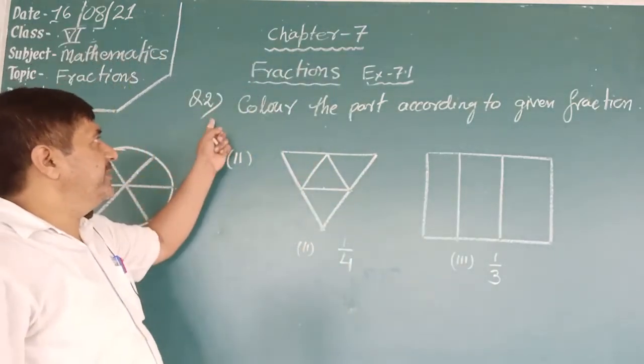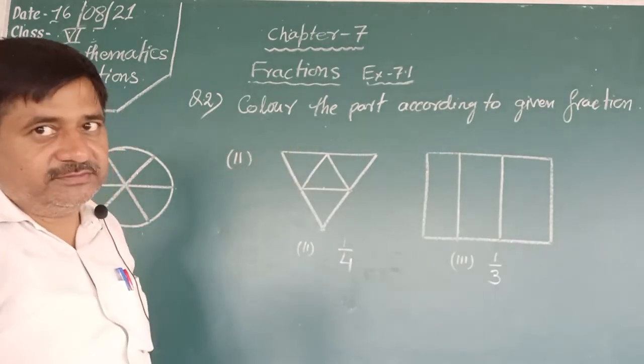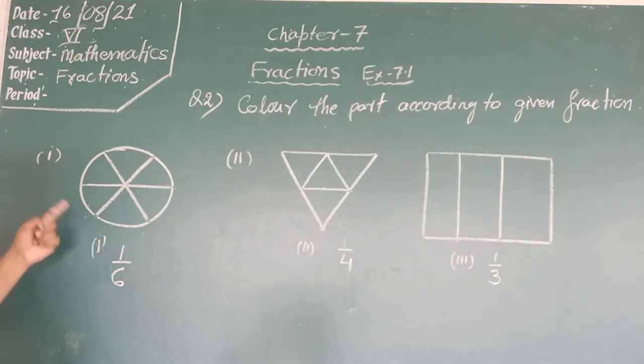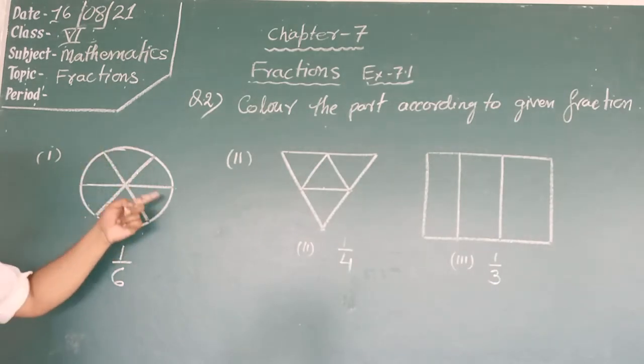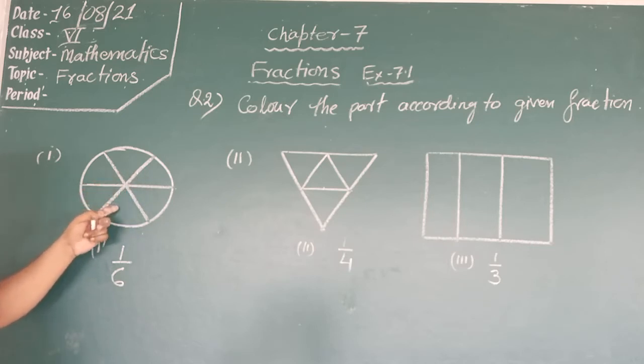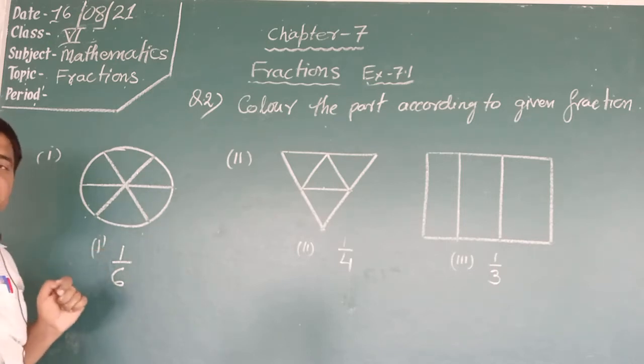Now students, question two says: color the part according to the given fraction. Okay, so here the first figure is a circle, and in the circle 6 parts are there, and the fraction given is 1 by 6, so color 1 by 6 part.